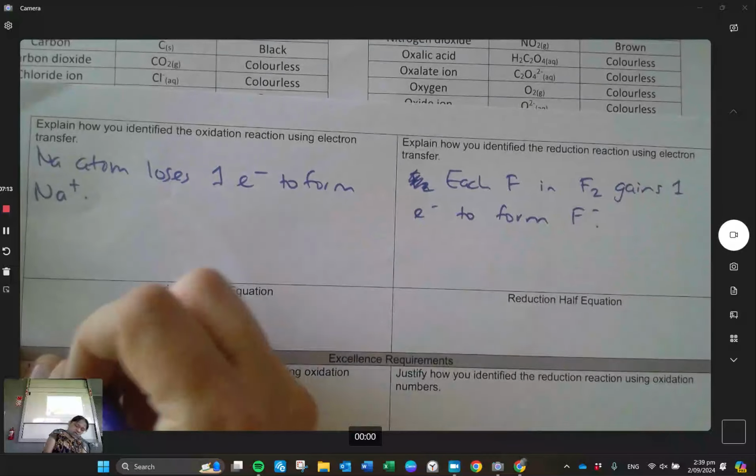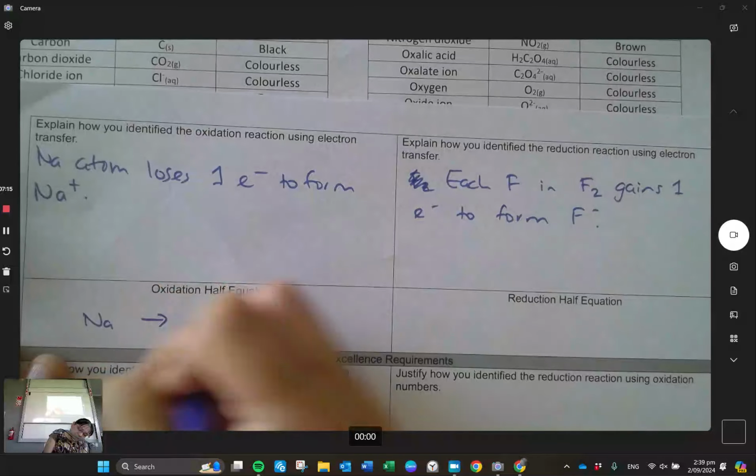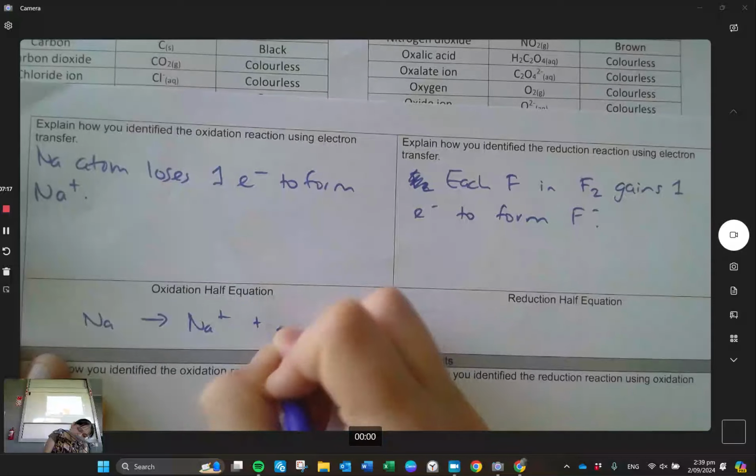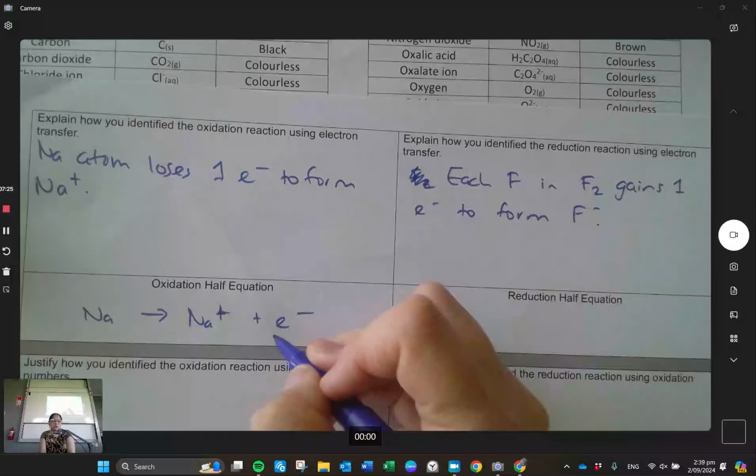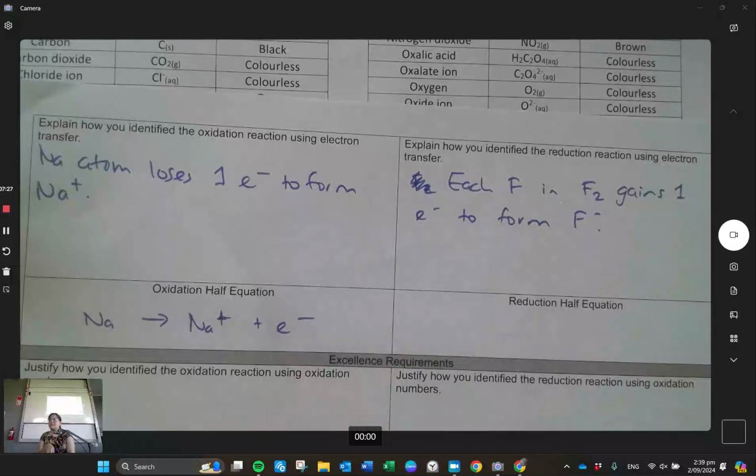This half equation, again, it is just the Na plus 1 electron, because that's 1 electron being lost. Most people got this. If you got it wrong, you did something weird like put 2 electrons, because I think you were starting to try to balance it as a full equation. So let me finish that, and then I'll balance it fully.